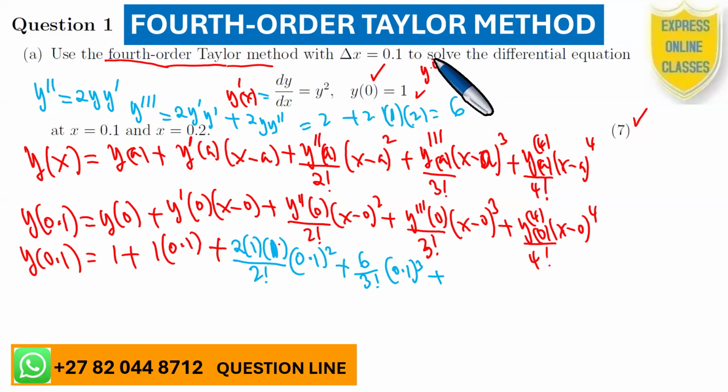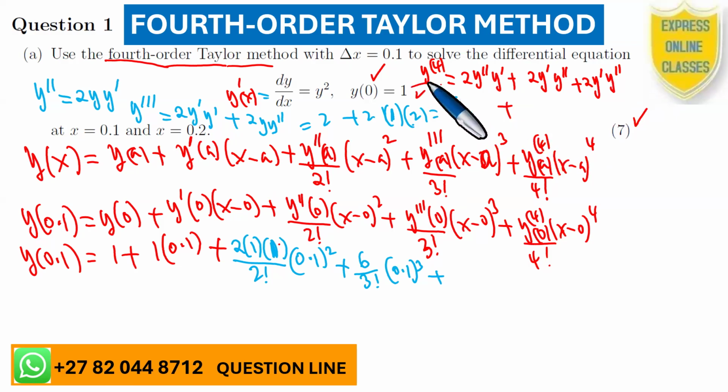So the fourth derivative is going to be 2y, second derivative y, 2y primed, and then 2y, and then you have this, and then you have 2y. Let us calculate the rest of these.